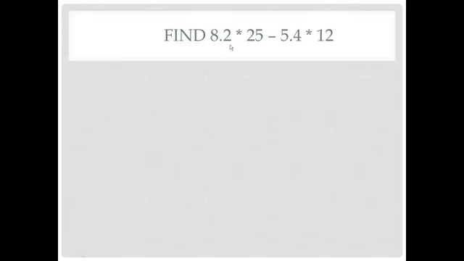Okay, find 8.2 times 25 minus 5.4 times 12. Now this deals a little bit with the order of operations. We have multiplication and subtraction within the problem. Our order of operations tells us that we must do the multiplication first and then do the subtraction.